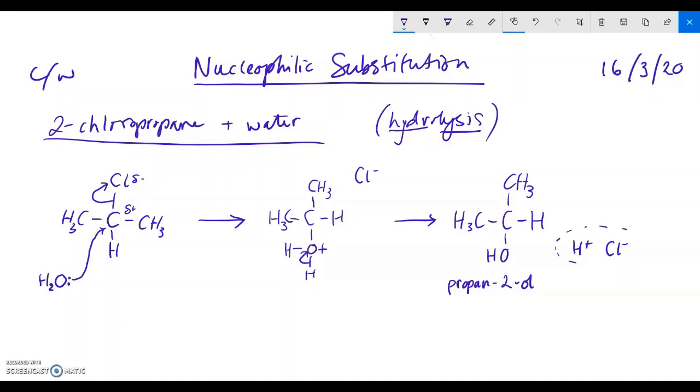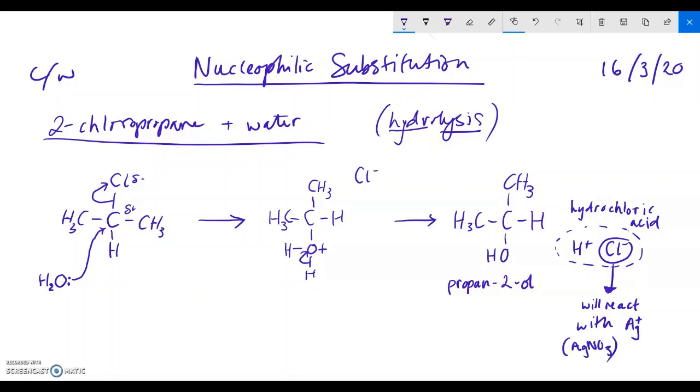So this is giving us hydrochloric acid as a side product. And again, the chloride ion can go on. If you've got silver nitrate present within the mixture, this will react with Ag plus, and that proves that the substitution has taken place.